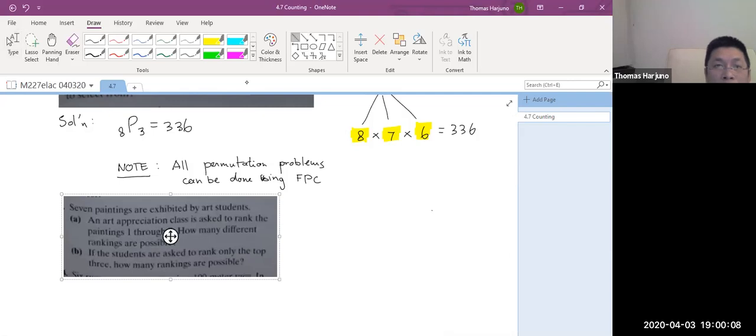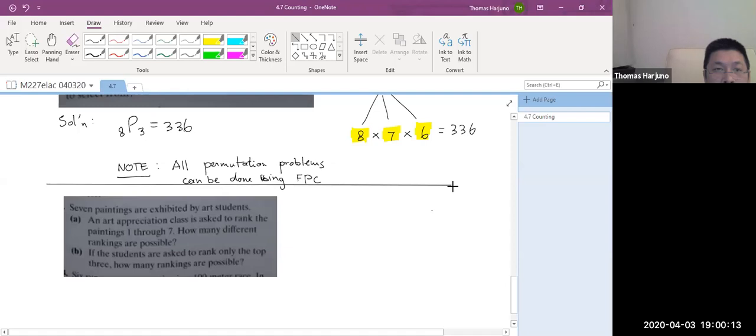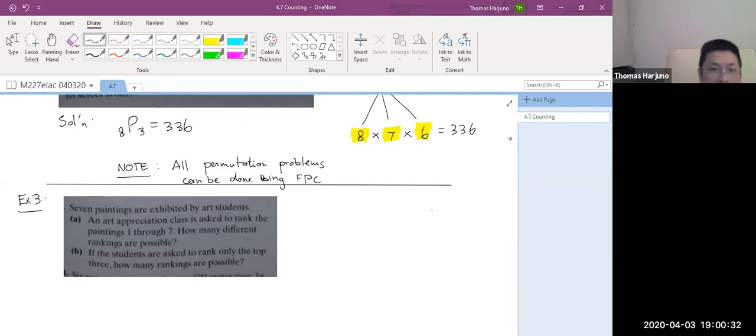Okay, let me ask you to take a look at that question first. For this example, 7 paintings are exhibited by art students.